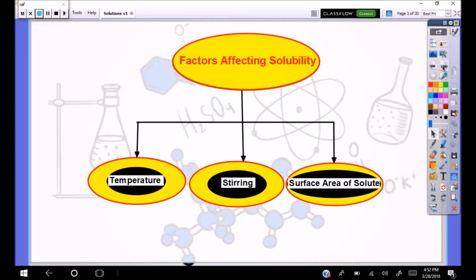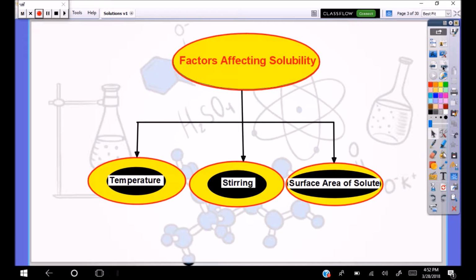Some of the factors that affect solubility, we have to think back to kinetics and our collision theory, right? If we increase the temperature, it increases the likelihood of those things colliding. Specifically, we're talking about the collision of the solute particles and the solvent particles.